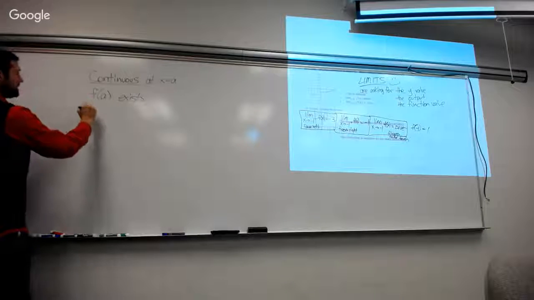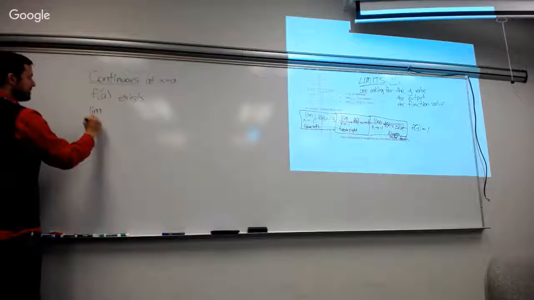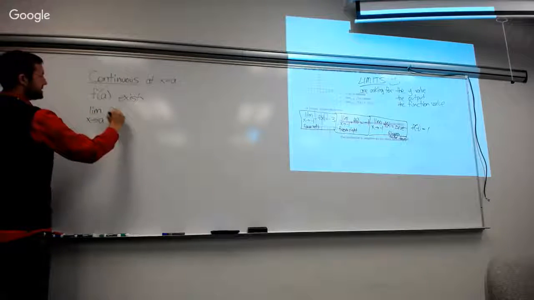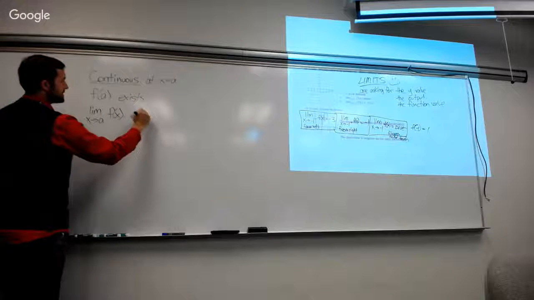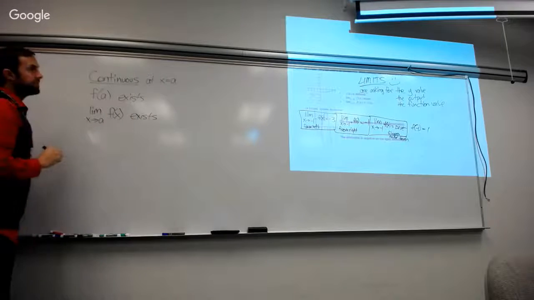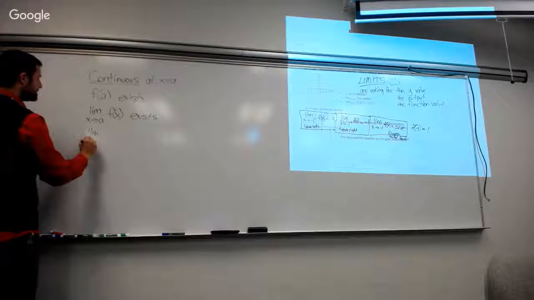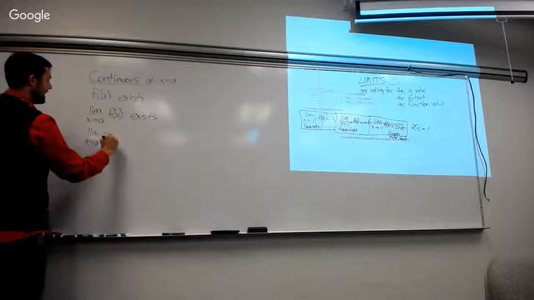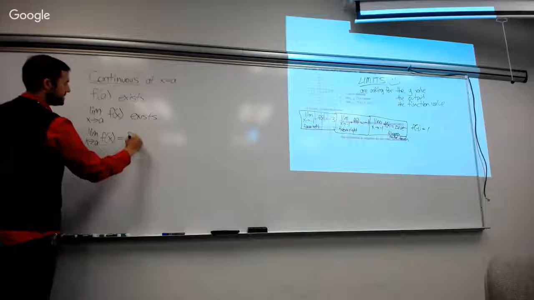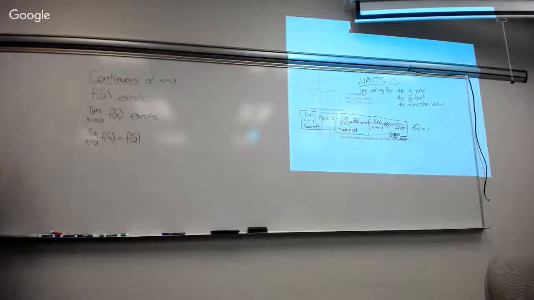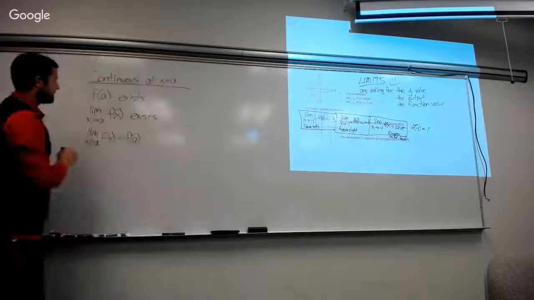Next, the limit as you approach a from the right and the left has to exist as well. So your fingers have to touch. And finally, the limit as x approaches a of f of x actually is equal to that value that f of a actually computes. So that was our definition of continuity.